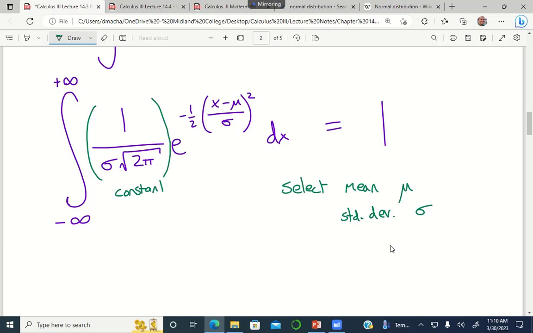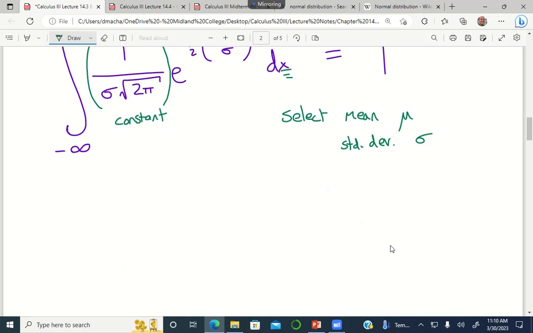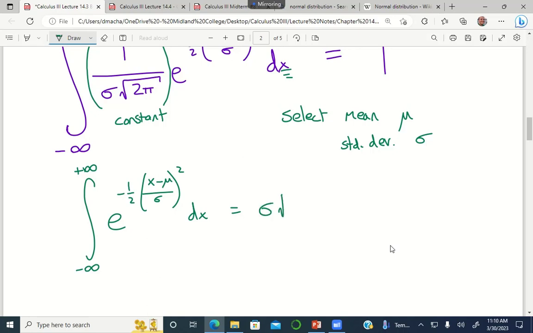It's a constant with respect to x anyways, and that's what I'm integrating. So I could pull that outside of the integral and then multiply both sides by sigma square root 2 pi. If I do that, then it says the integral from negative infinity to plus infinity of e to the power negative 1/2 (x minus mu over sigma) all squared dx is equal to sigma square root of 2 pi.